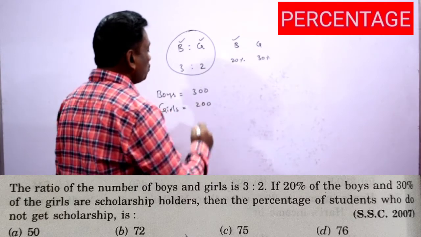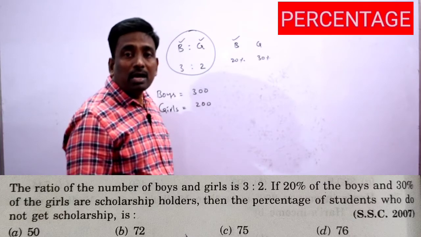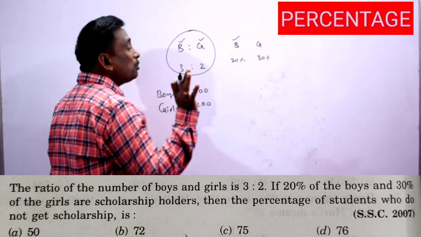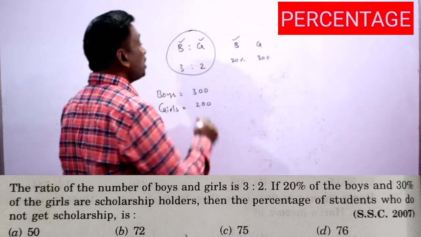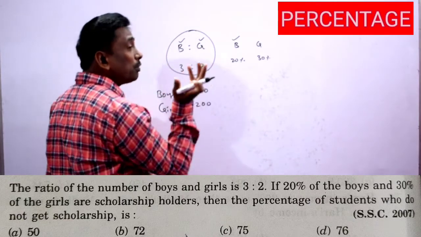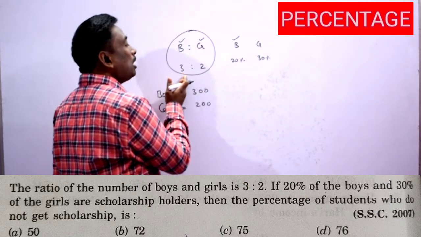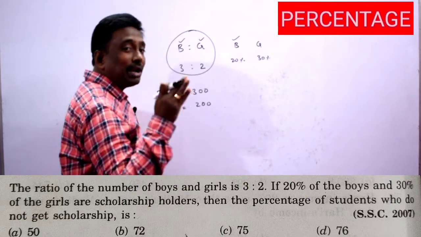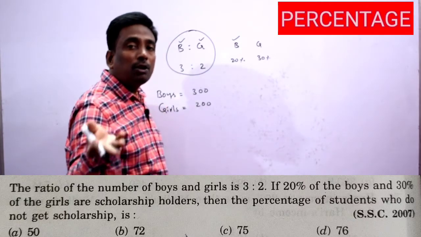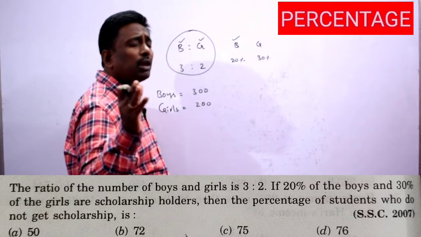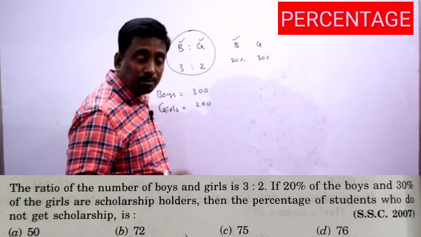Here I am assuming the number of boys is 300 and the number of girls is 200. You have to assume the number of students based only on the given ratio. You can assume 3 and 2, or 30 and 20, or 300 and 200. Anything is fine.